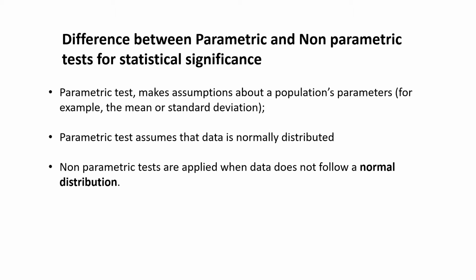Parametric tests assume that data is normally distributed in the population. But non-parametric tests are applied when data does not follow a normal distribution. When data is not normally distributed, we can use non-parametric tests.